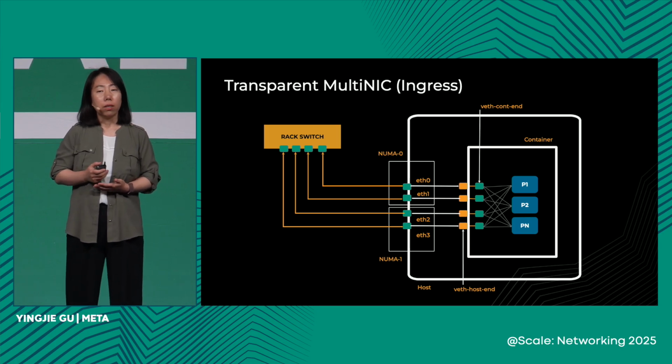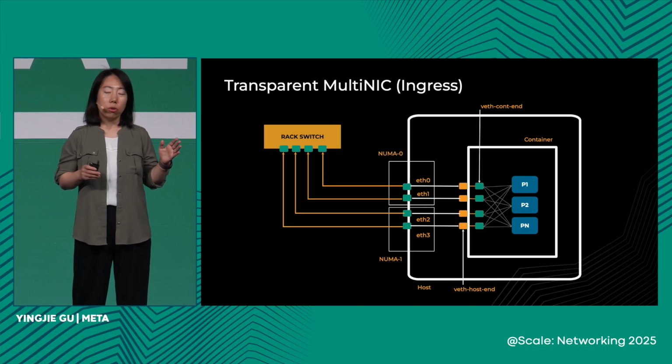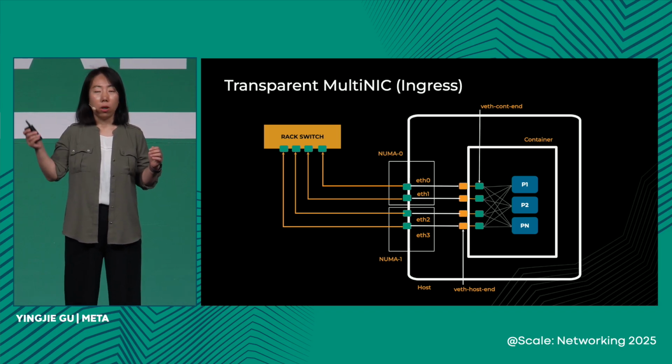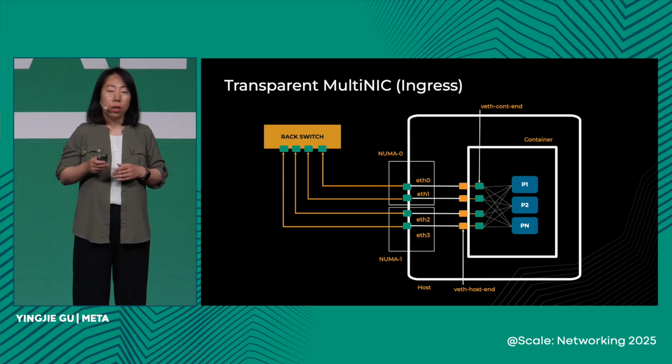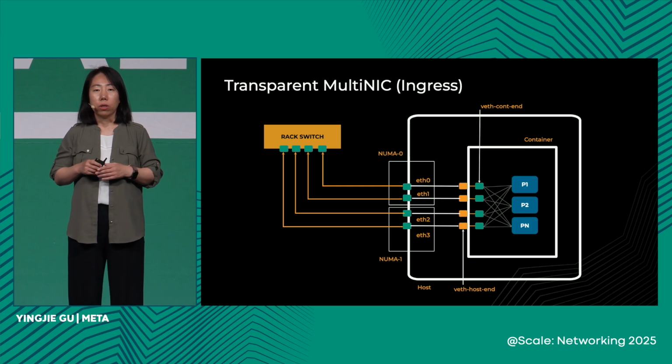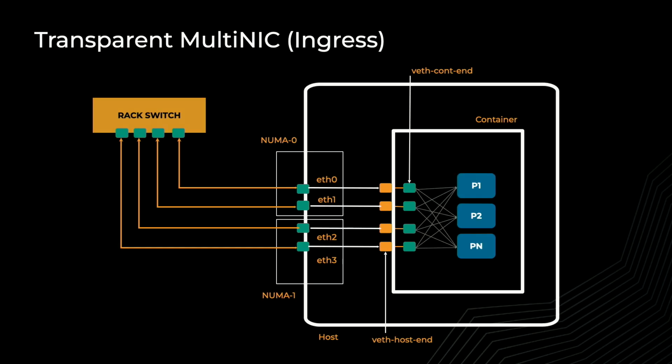A very instinctive solution is to use ECMP forwarding from the rack switch to the host so that we can put all the NICs into play. And that is what we do. To achieve this goal, we introduced 2 key components to the container. First of all, we extend the virtual IP concept. Virtual IP is a logical IP that is not bound to any physical interface.